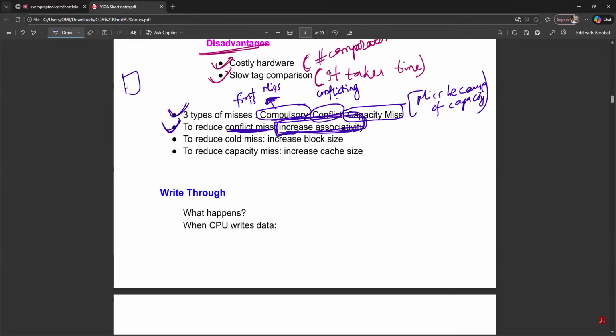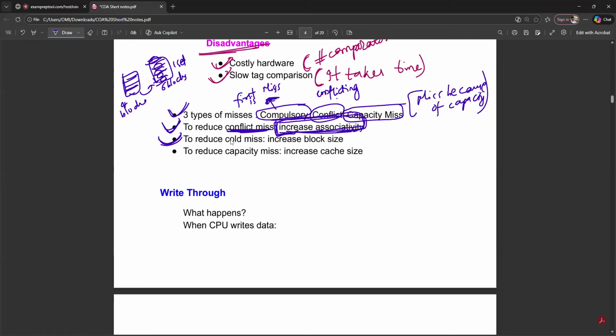Let's say a set contains four blocks. If you increase the associativity to six blocks, one set contains six blocks, so that many different blocks can be mapped there. So there is less conflict.